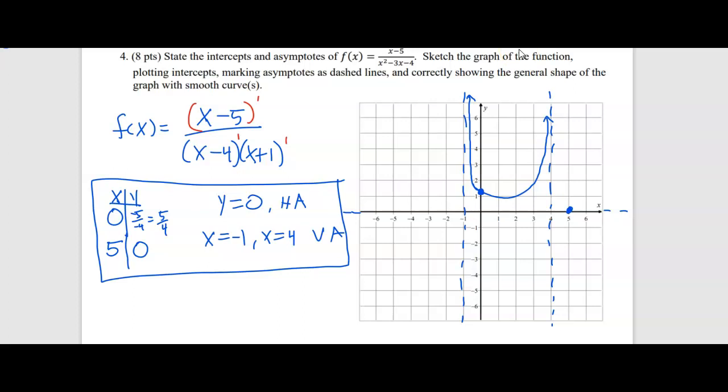So for example, the negative 1 vertical asymptote is odd multiplicity, which means on the right it's positive, on the left it'll be negative. So that would be enough to sketch the left side. At 4, we have odd multiplicity, so it'll change signs. On the left is positive, on the right it'll be negative.